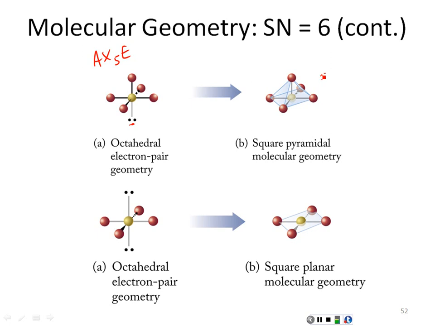The lone pair would be axial, so it maximizes the distance between it and the bonding pairs, and we get what's known as square pyramidal molecular geometry. And if we have AX4E2, we remove the other axial atom, and we're left with square planar molecular geometry.